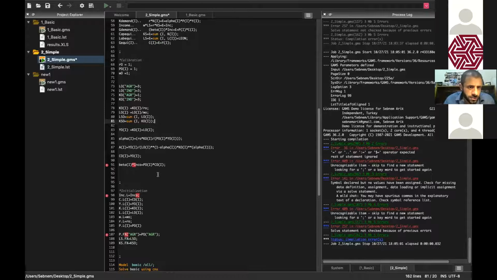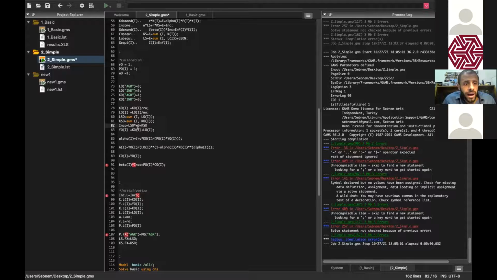New line, inc O equal LSO multiplied by WO plus KSO multiplied by RO. And as I said, the order is very important.